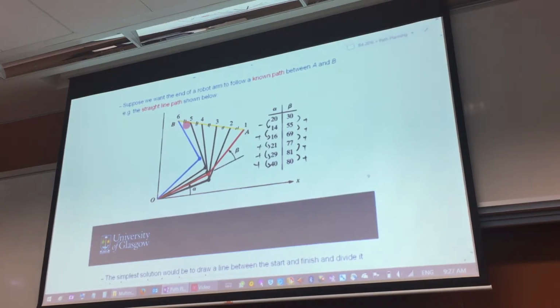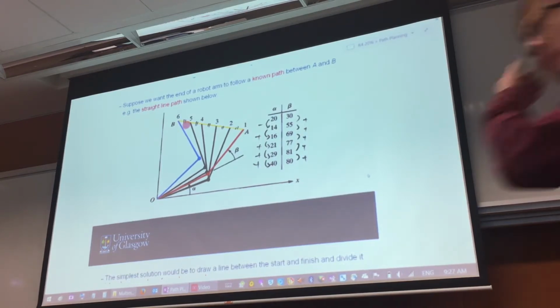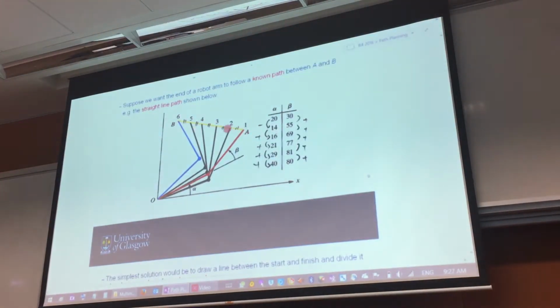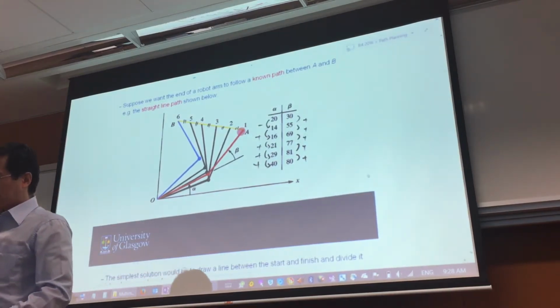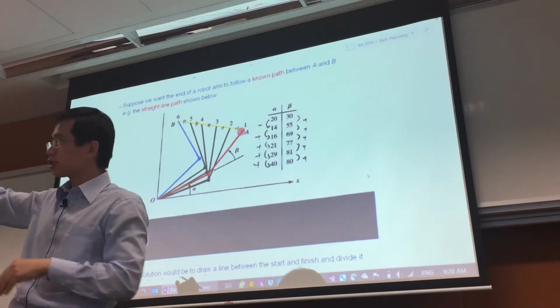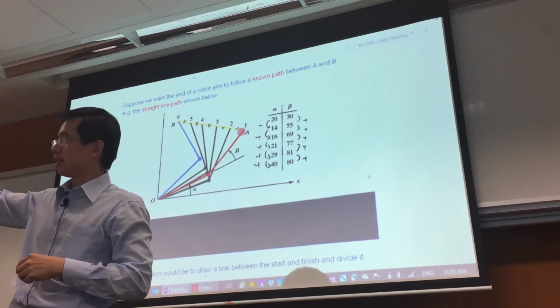But besides that, there's also the question of how this robotic arm would move from A to B in equally distributed distance. Why not move this robotic arm from A to B in a straight line in a desirable way?